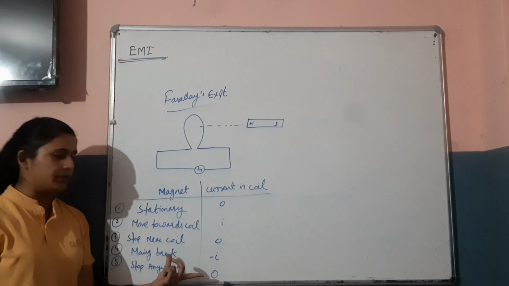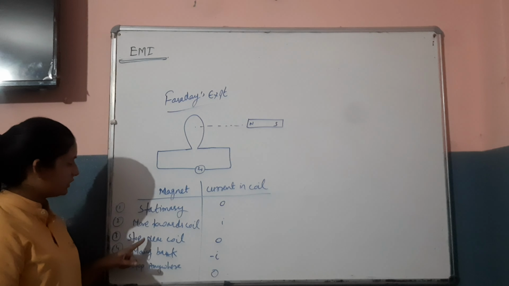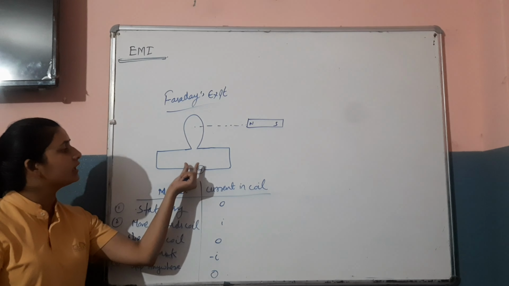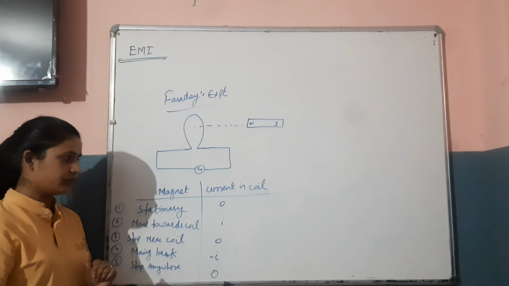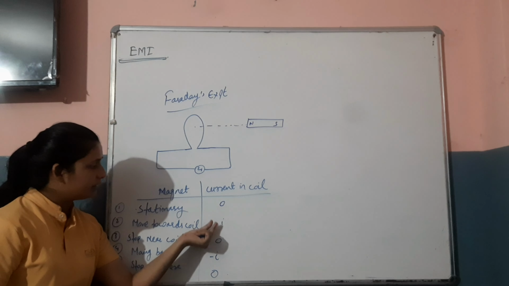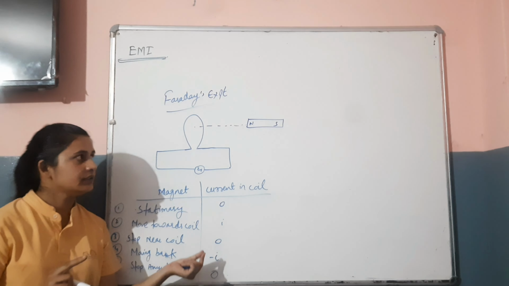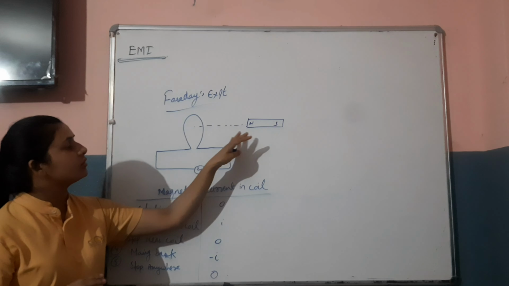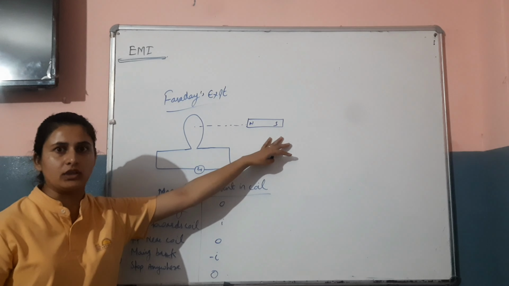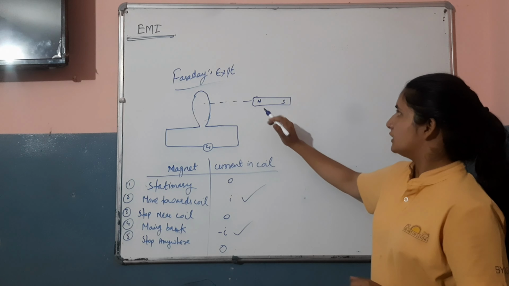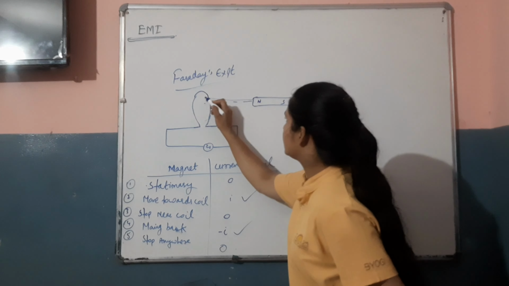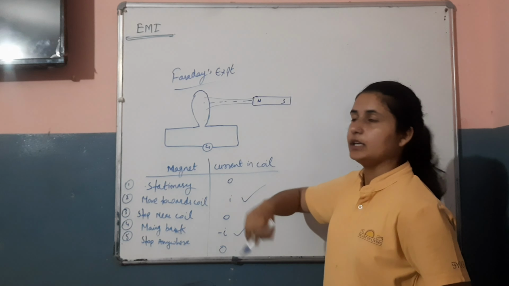So from this experiment, what we observe: when the magnet is stationary, then there is no current in this coil, right? And when the magnet is moving, then there is a current, in both cases, whether the magnet is moving towards the coil or moving away from the coil. When the magnet is away from the coil, then few magnetic field lines are linked with this coil.